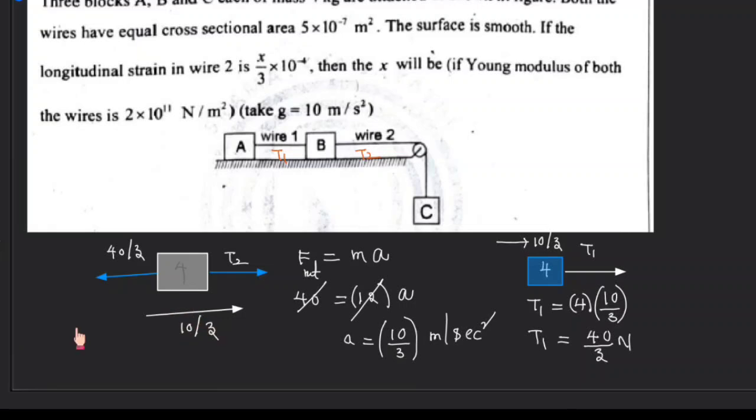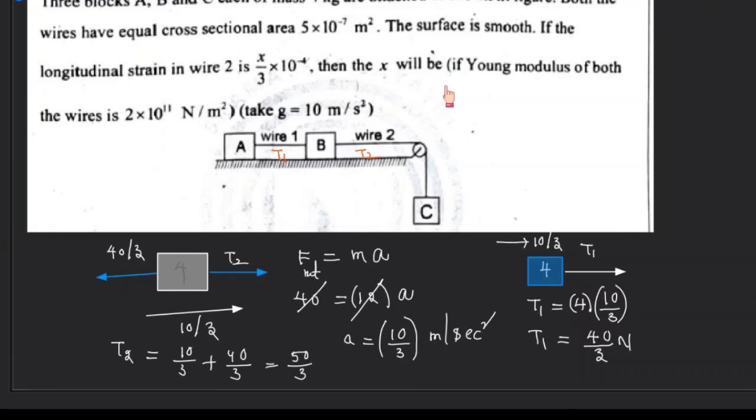From this you could say T2 minus 40/3, or else T2 is equal to 10/3 plus 40/3, this will be equal to 50/3, right? That is 50/3.